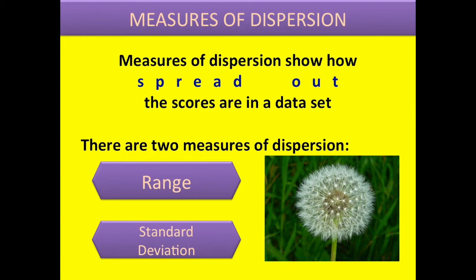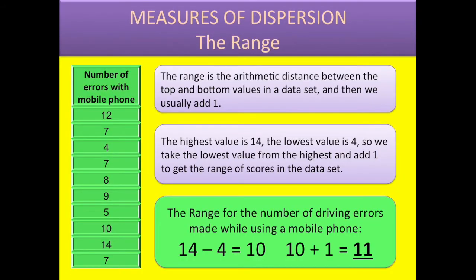So there are two measures of dispersion that you need to know, the range and the standard deviation. You need to know how to calculate the range, but you don't need to know how to calculate the standard deviation. So the range is the arithmetic distance between the top and bottom values in the data set, and then we usually add 1.